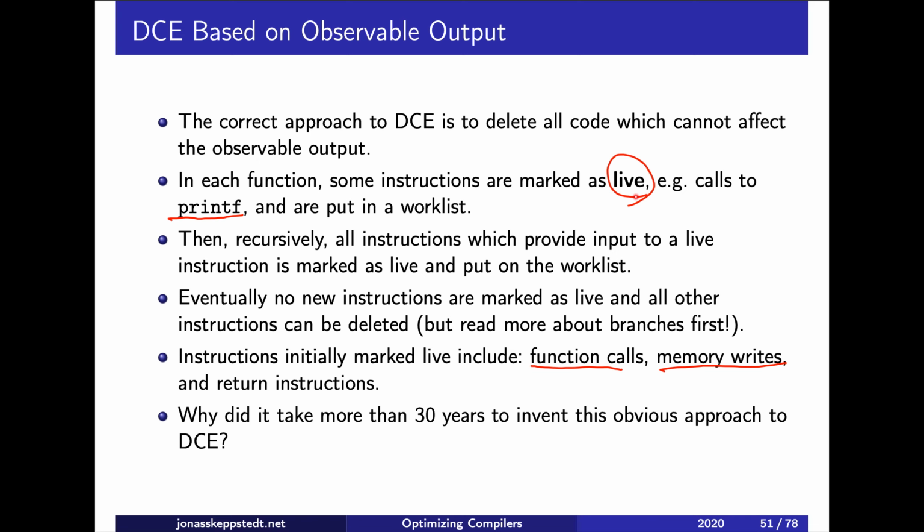And then the operands to these instructions are also marked as live, etc. So eventually we will have marked all instructions that can affect output as live, and the others can be removed.